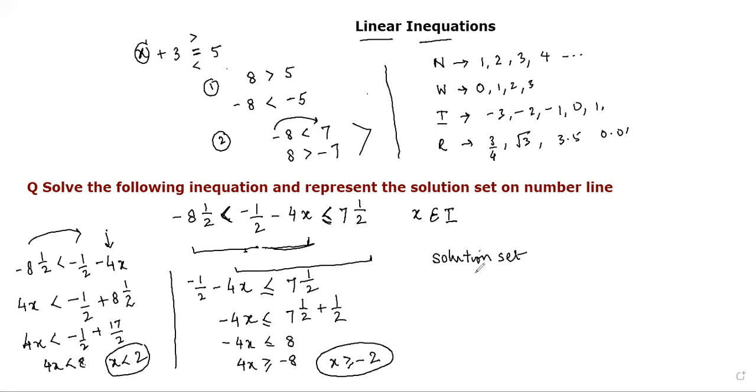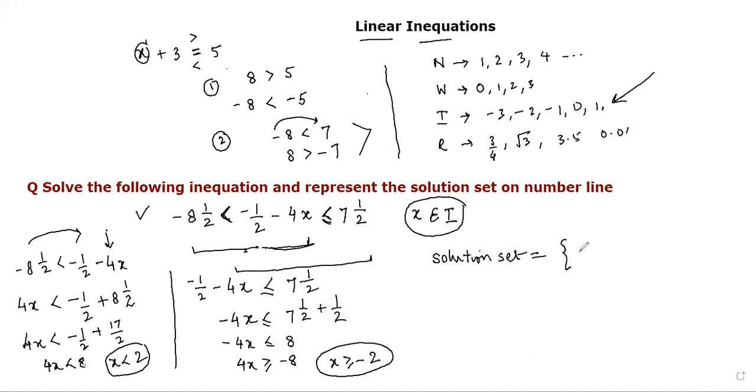Now, very important is to know that x is the element of integer, which means I will only have the negative numbers and the positive numbers, including 0. So what is the solution set of this inequation will be, where x is less than 2 and greater than equal to -2.